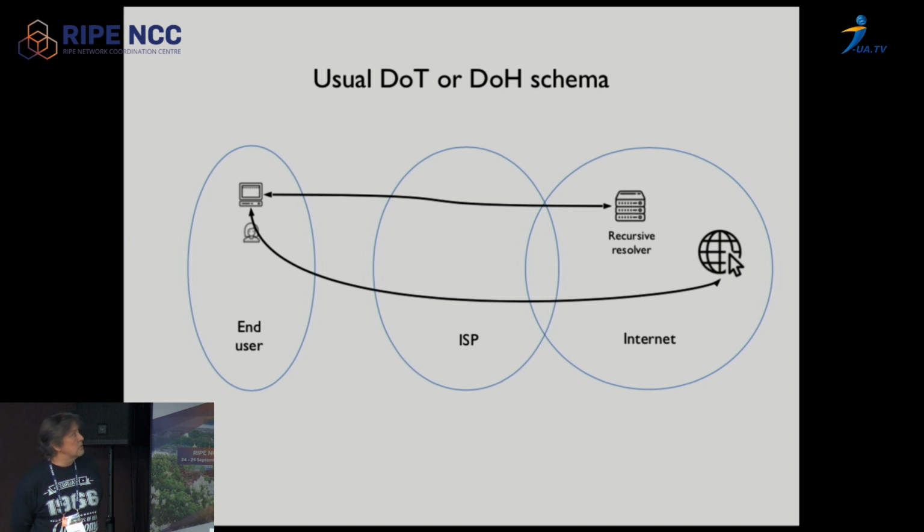Quite often, if you use DOT or DOH, the provider only provides you the channel. And the recursive resolver is, as a rule, an address that you set on your own. First and foremost, the question is what software supports this work over DOT.